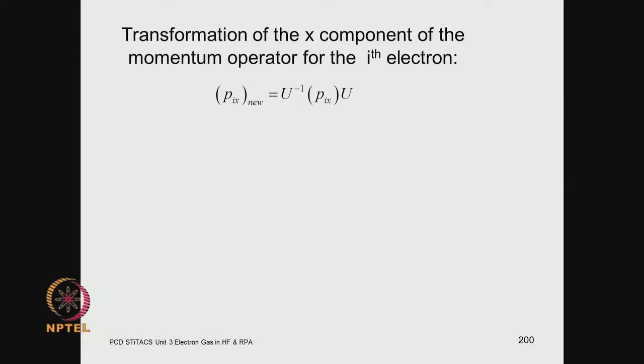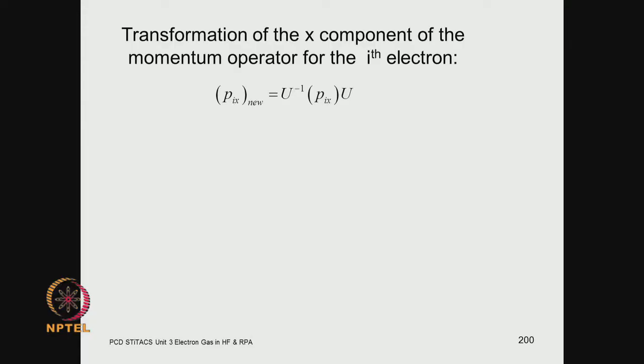Now, let us consider the transformation of the lowercase momentum operators. We will do it component by component. We will find how the x component transforms, and then we know that similarly the y and z will also transform, and we will have the expression for how the momentum operator transforms.